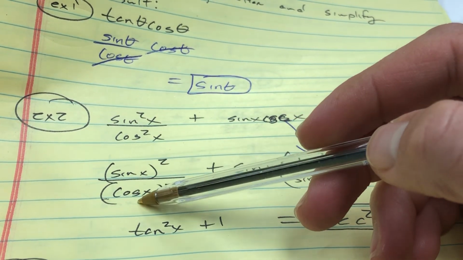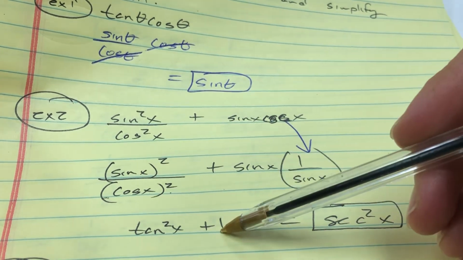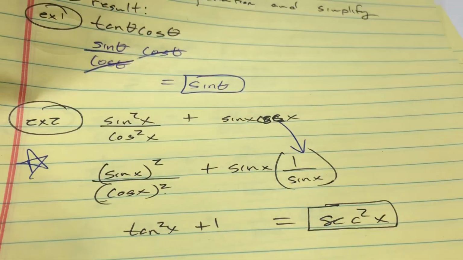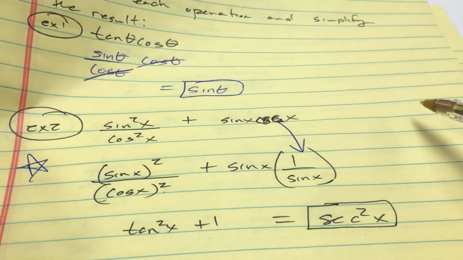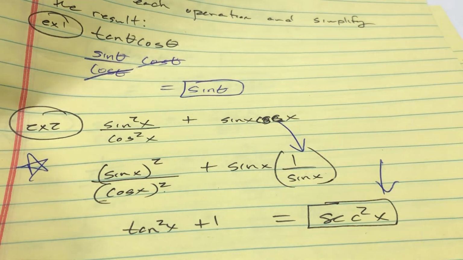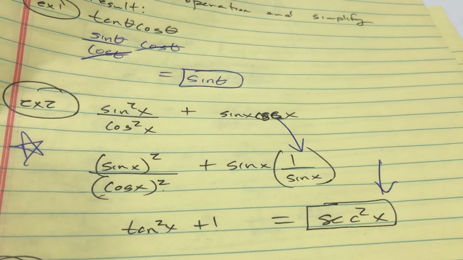What is sine x over cosine x? It's tangent, and if they're both squared, it's tangent squared. This is one of the Pythagorean identities. This one's definitely a little bit harder. Tangent squared x plus 1 is in fact secant squared. That's a pretty nice answer.